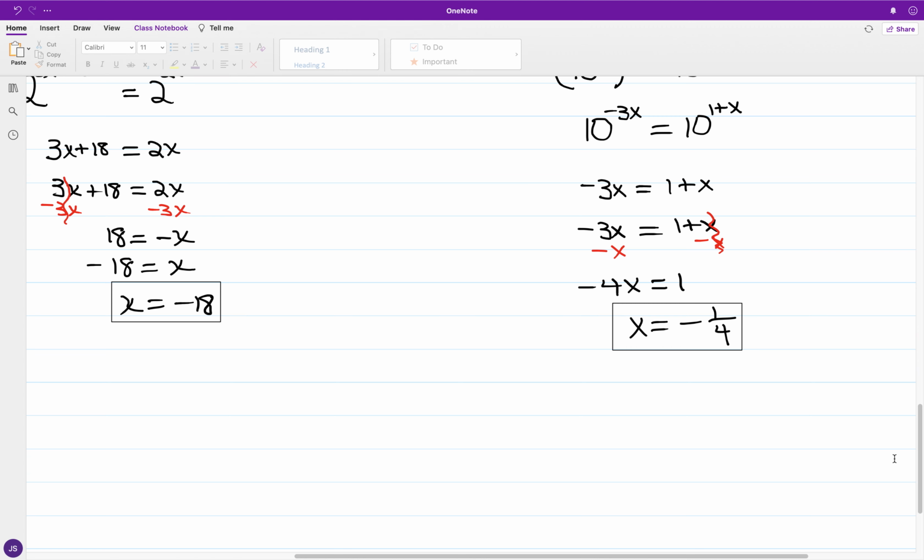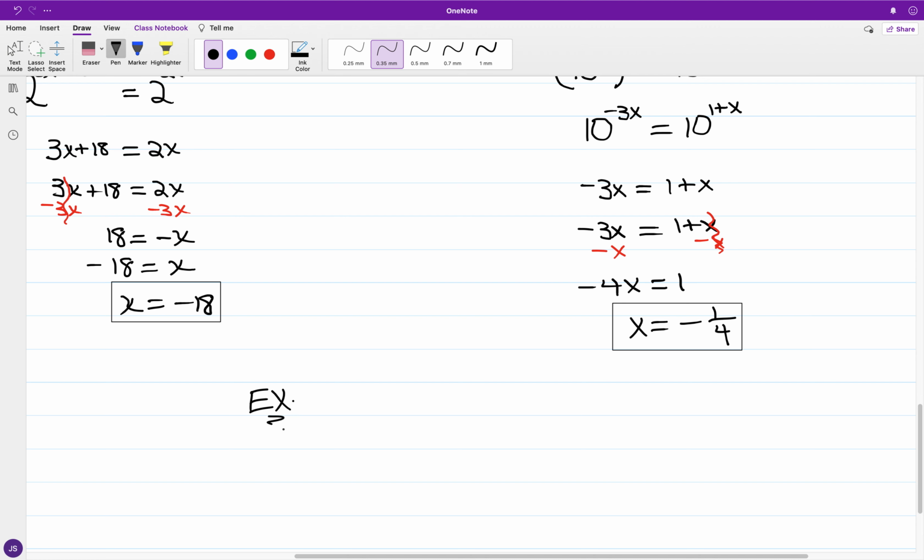But still on the pathway of working with exponential equations, say, just as an instance here, if I have 8 to the x times 4 to the x plus 1, and we have is equal to, let's say, 16 to the x minus 2.